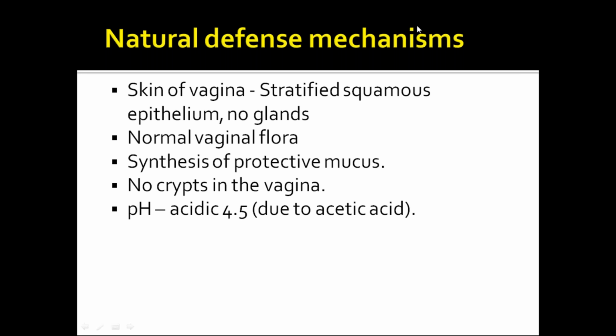The lactobacilli are gram-positive organisms, and they convert the glycogen liberated from the desquamated epithelial cells into lactic acid and hydrogen peroxide, which is responsible for the acidic pH of the vagina and is a protective barrier in the vagina.